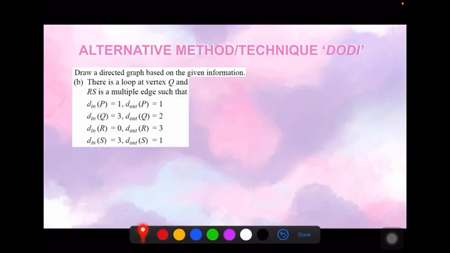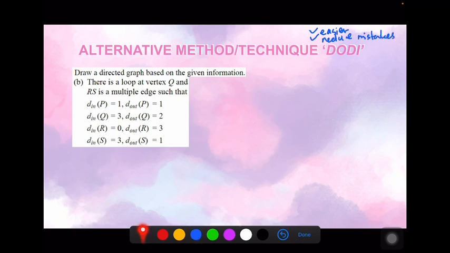Actually, we have an alternative method for drawing a directed graph. This technique is known as technique Dodi. It will help you to draw a directed graph more easily, step by step, and it can reduce mistakes. Okay, now let's take a look at the example here.